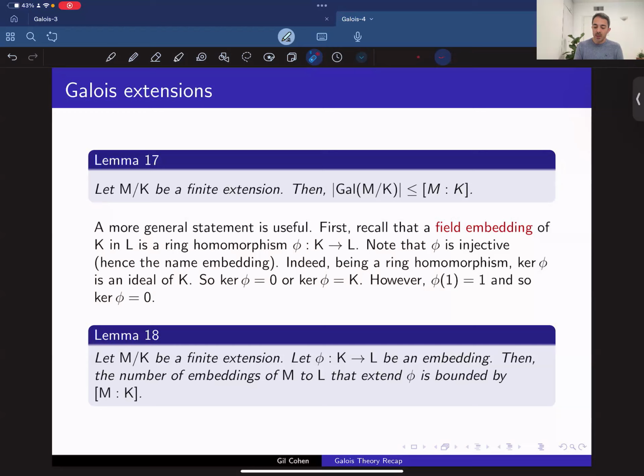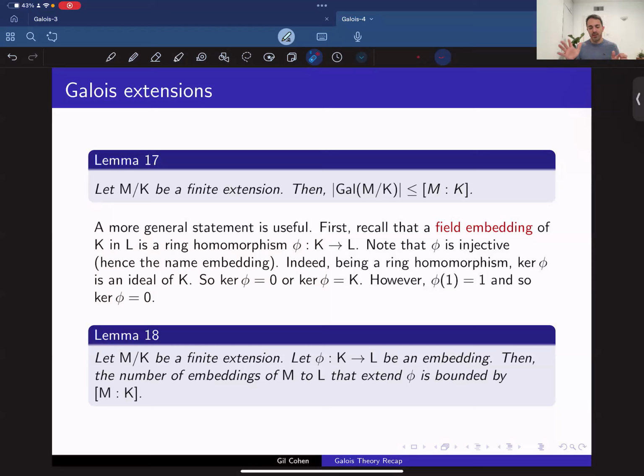And the reason that this is an embedding, we talked about it once, is that as a ring homomorphism, we know that the kernel of the map is going to be an ideal in this ring, which is a field. And the only ideals that you have in a field are the two trivial ideals, 0 and K. Now, we always assume that phi of 1 is 1. We always take ring homomorphisms with units.